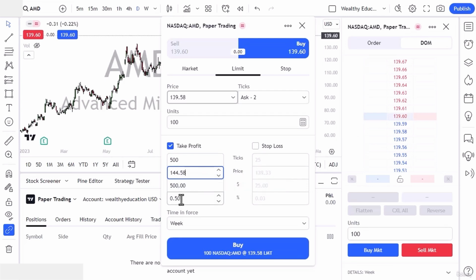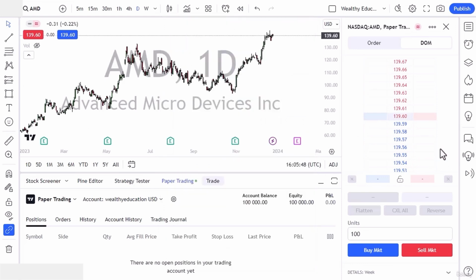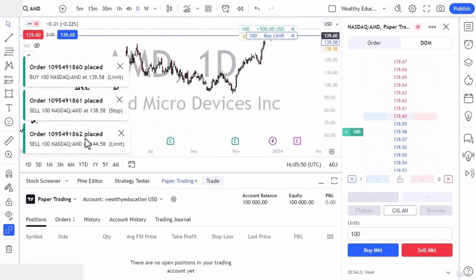This tells you how much you would make on the trade. This tells you how much of your percentage of the account you would be gaining. Now, if I'm going to go for $5, maybe I put a dollar stop loss in. And you can see how things play out. And you can click buy, and it will place all of those orders for you.